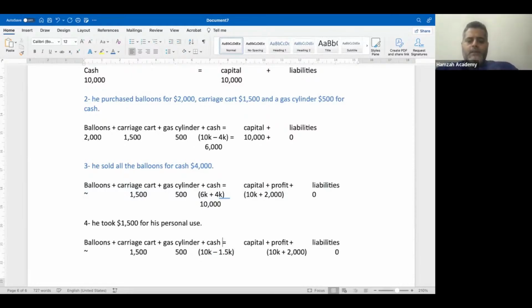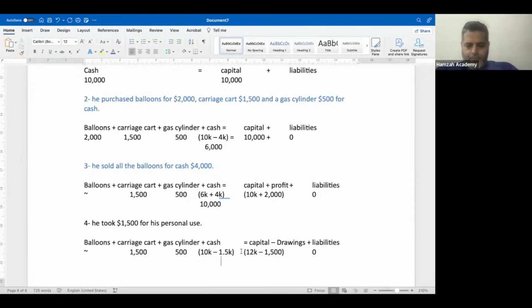And then, okay. Now, this was 12,000 capital minus 1,500 minus drawings, right?